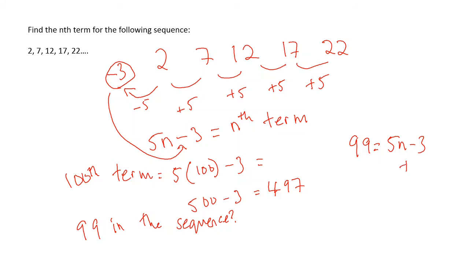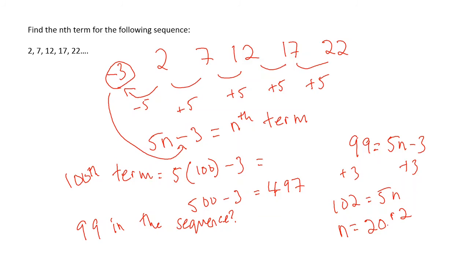If I add 3 to both sides, 102 equals 5n. And if I divide both sides by 5, n will equal, and I'm not going to do decimals here, but I could, 20 with a remainder of 2.